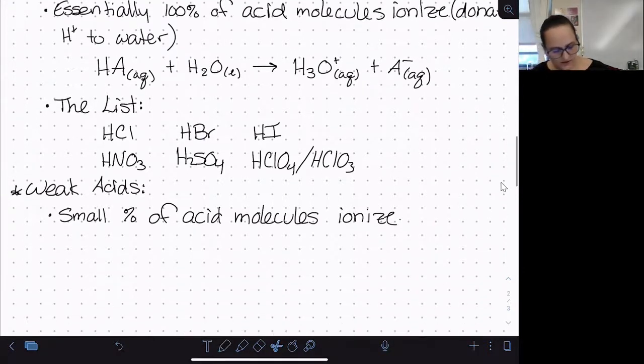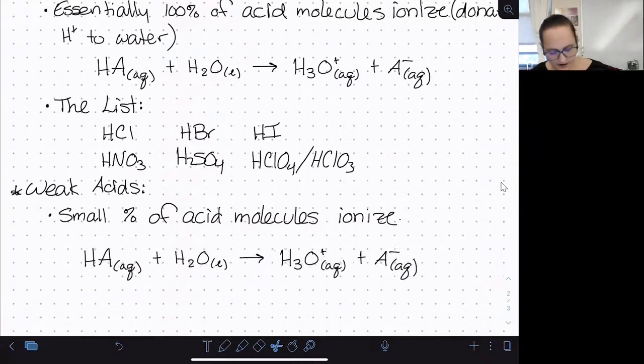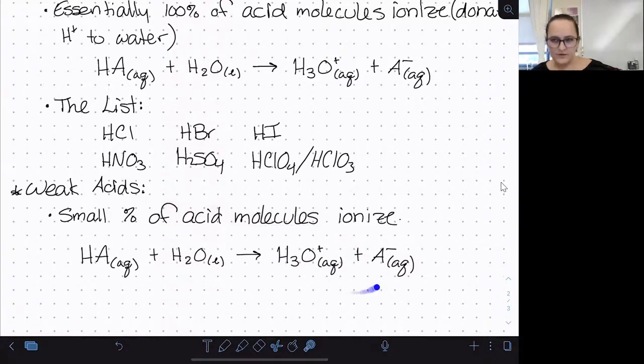So that means that in this reaction, we're producing a little bit of product, but most of our stuff stays as reactants. So this is not a situation that we want to treat as going to completion. This is one where we want to think about this as a reversible reaction because it truly is. It establishes equilibrium when only a little bit of product has formed.